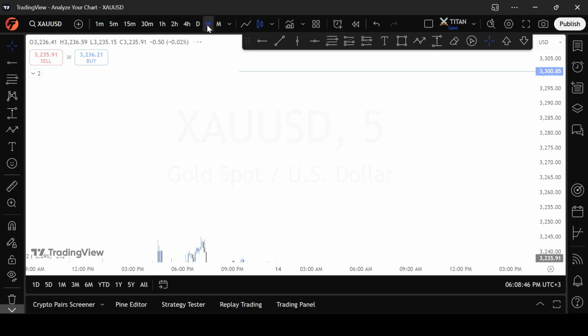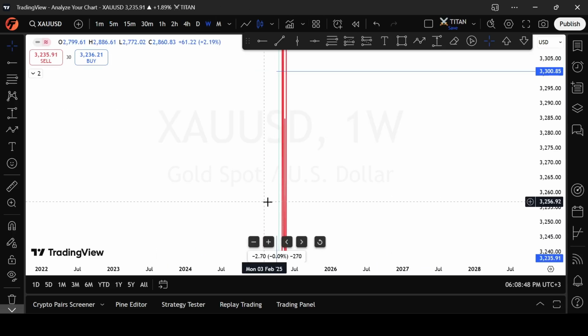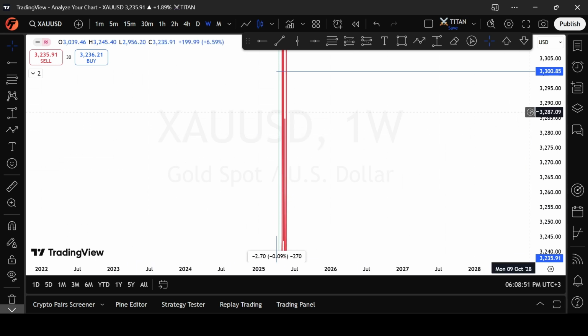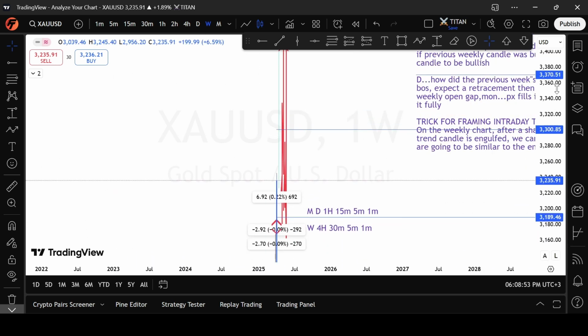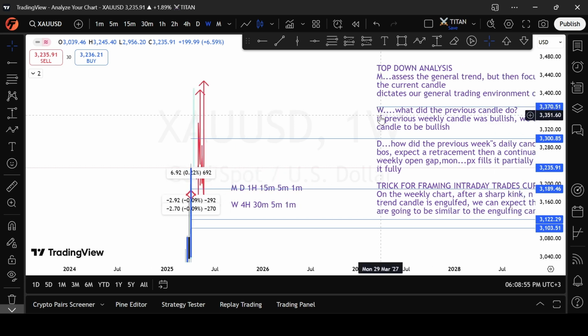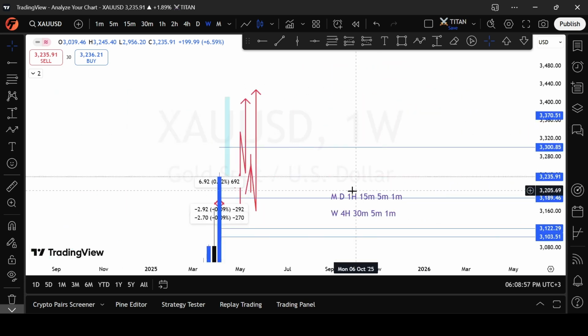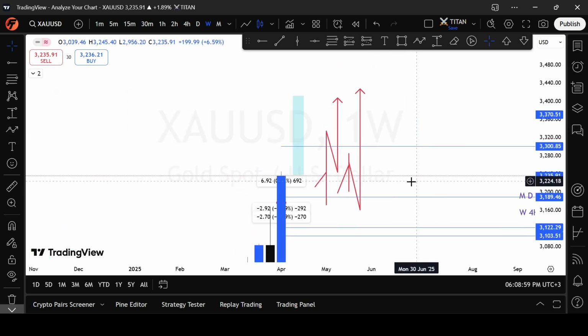We can use this in the monthly chart to see how the next candle is going to be.